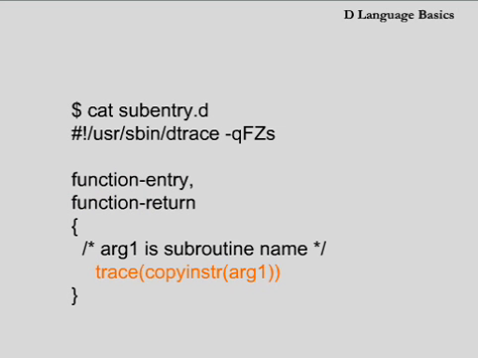And that's simply because the DTrace provider that's in Python doesn't extend into compiled libraries. So that is a caveat with this particular technology. But that's what's going on here. I should say also that the copy and stir, all that means is that we're telling DTrace that arg1 is a string and that it should copy the value that's in arg1 into that kernel buffer that I mentioned before.